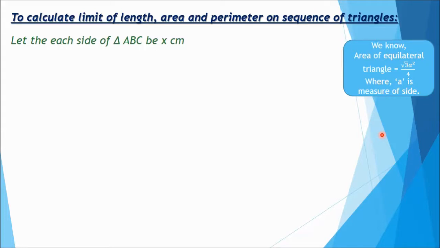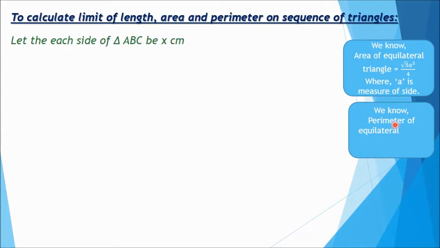The perimeter is equal to 3a, where a is the measure of a side. So the formula for perimeter is P equals 3a, and for area it is root 3 a square by 4.